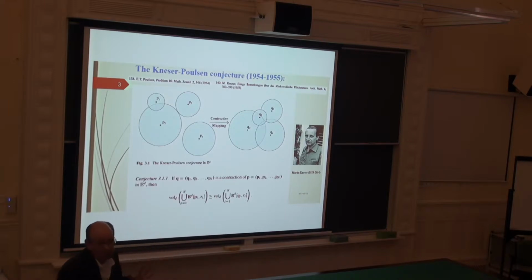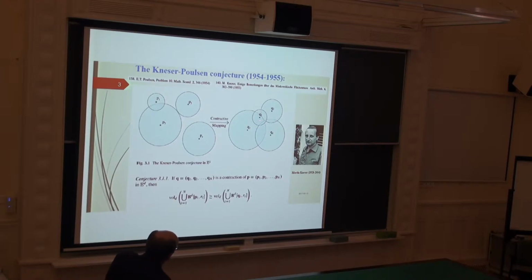Radii are kept fixed. And the conjecture says that if you contract the point configuration P onto the point configuration Q, then the volume of the union of the balls changes monotonically. In other words, if I contract P onto Q, then the volume of the union of the balls decreases. A rather natural conjecture.